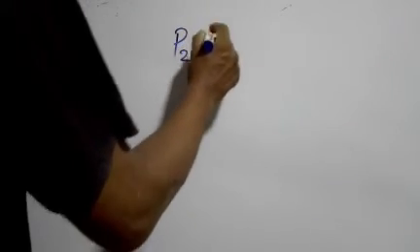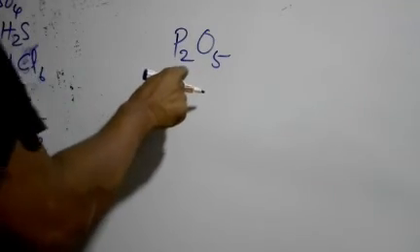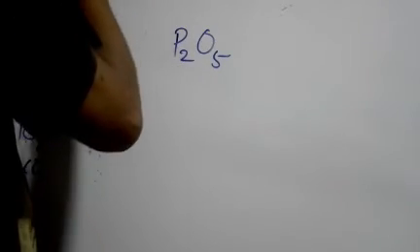Next, take the question on page number 110. There is a question to find the oxidation states of the atoms given. Do those questions, then watch the video for the solutions. Okay, the first one is P2O5. We have to find the oxidation state of phosphorus here, right?